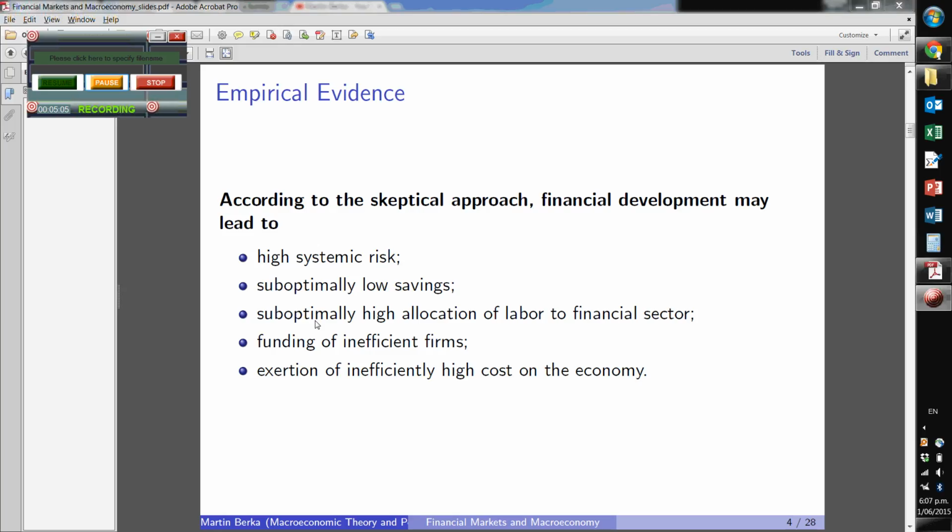And finally, you could discuss crises; that is the last bullet point here. Or well, funding of inefficient firms can be achieved by very low borrowing or funding rates. If funding rates can be lowered dramatically by all kinds of financial innovation instruments for the bank, then the bank will find it profitable to fund projects which normally would not be funded.